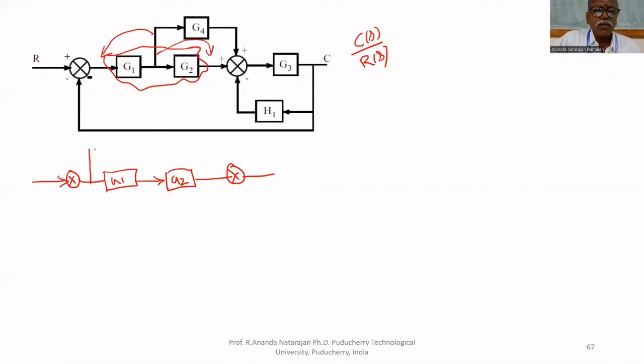What will happen? It is already amplified by G1, but it is not so if you move that. That's why we have to multiply by G1. We can write G4 also like this, because two blocks can be multiplied. That's all.